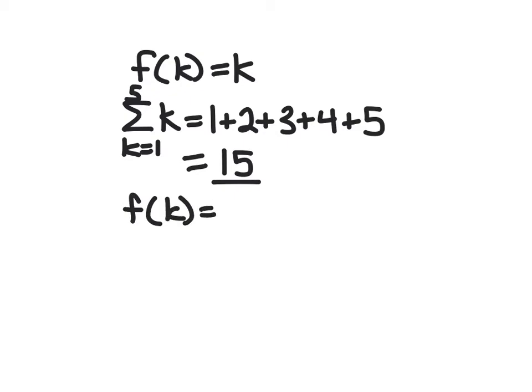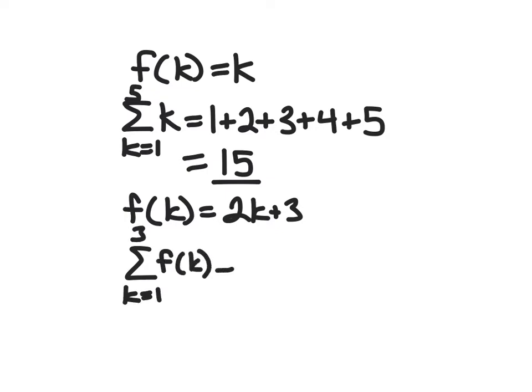So let's do one more with maybe a slightly more complicated function. So what if our function is 2k plus 3, and I want k equals 1 to 3 of f of k here. So again, step 1, well in this case, f of 1 is what?